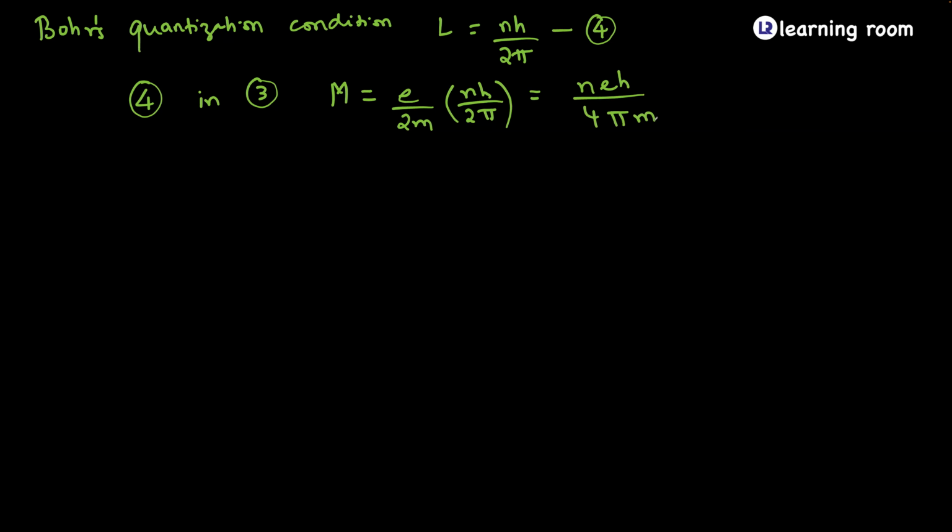Am I clear? So this will be the value. And if I put n is equal to 1, what will the value of capital M come out as? e is how much?